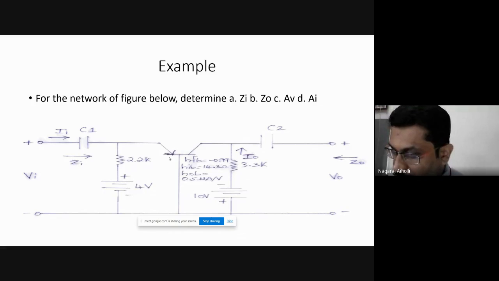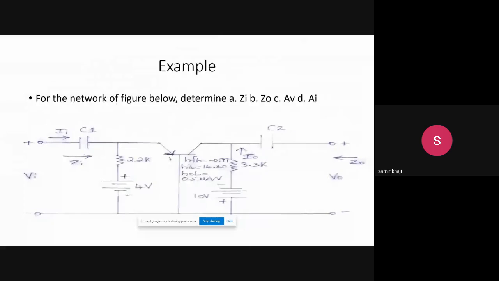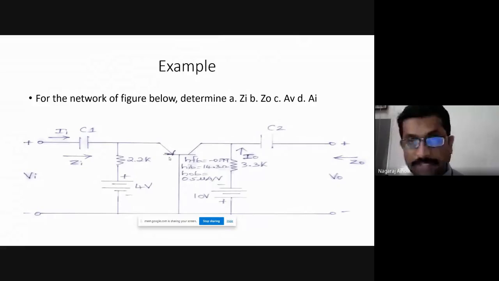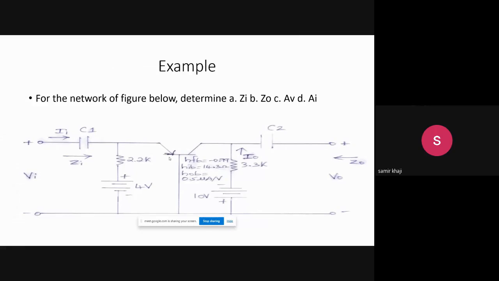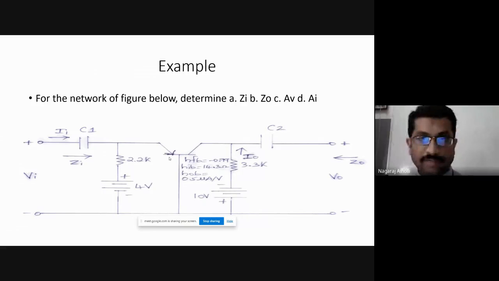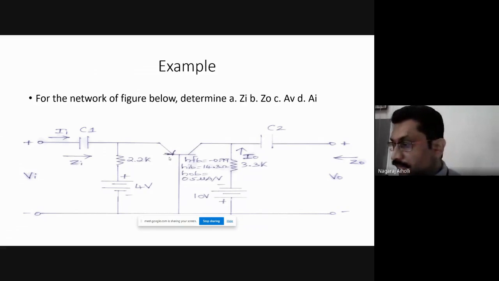Sai Prakash. Samir Ahmad. What is the answer? Getting 23. How much? Only 23. Just check.